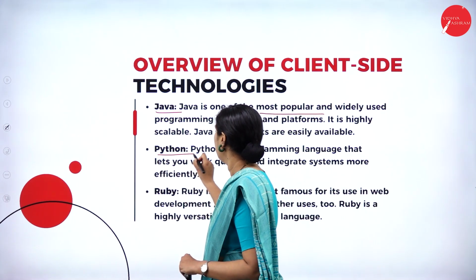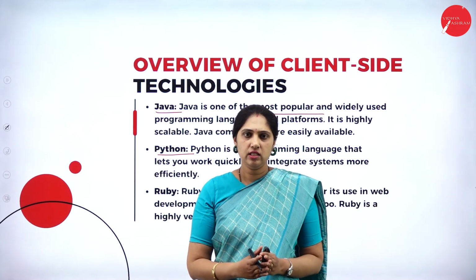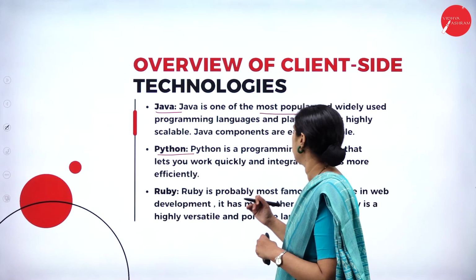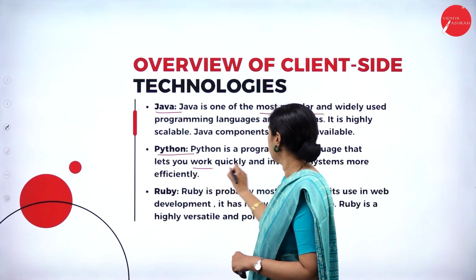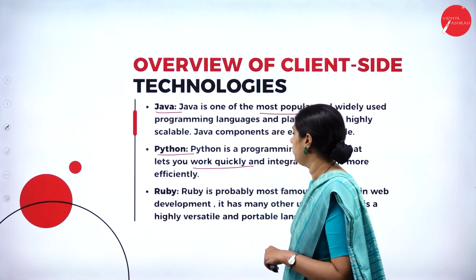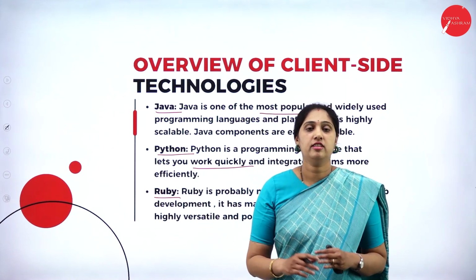Next is Python. Python lets you code very easily because when you take a C program, you have a length of code. In Python it has been reduced. We say it works very quickly and efficiently. Which language? Python. Next, you have another programming language, that is a scripting language.